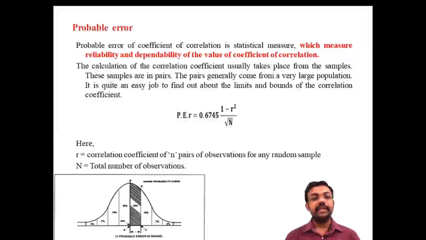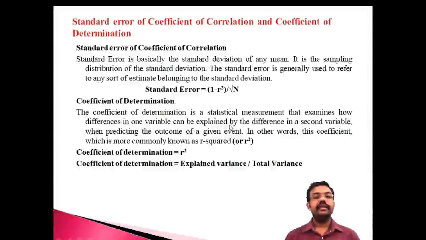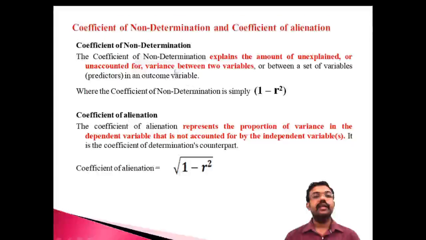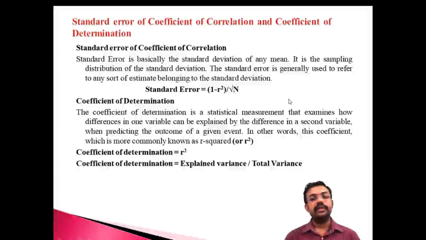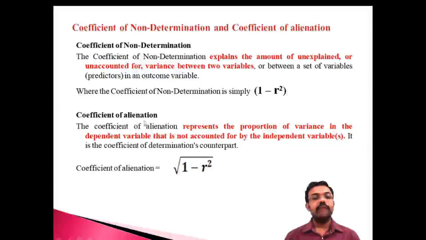So listen, starting from the probable error, 0.6745 into 1 minus r square divided by root 10. And the standard error, 1 minus r square divided by root 10. Coefficient of determination, that is r square. And coefficient of non-determination, 1 minus r square. Okay, and there is a coefficient of alienation, root of 1 minus r square.